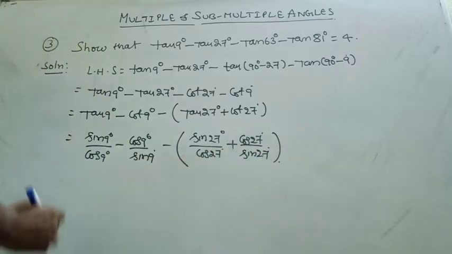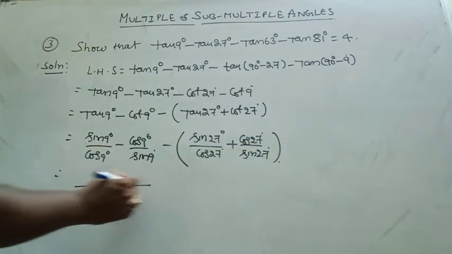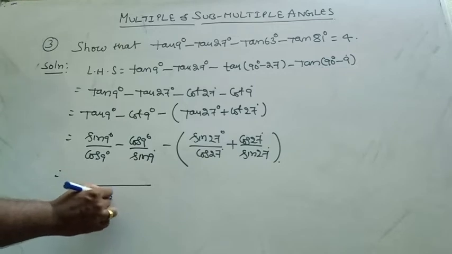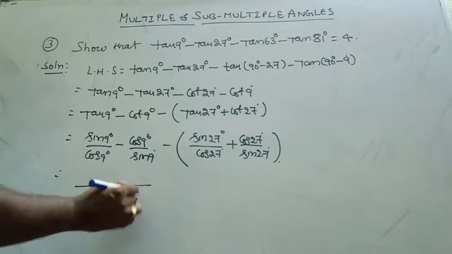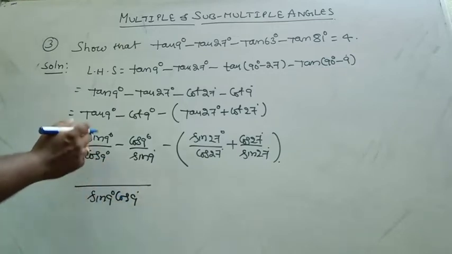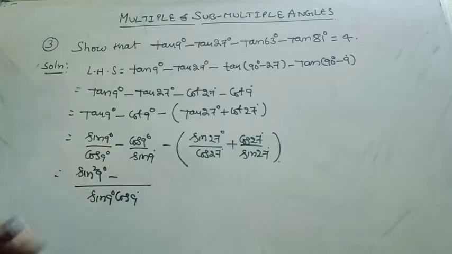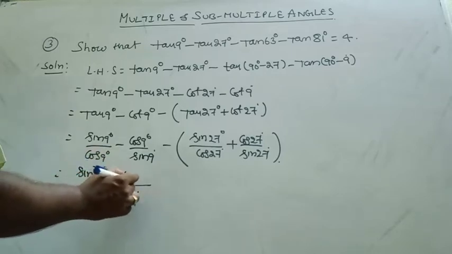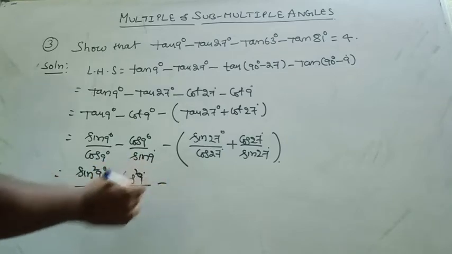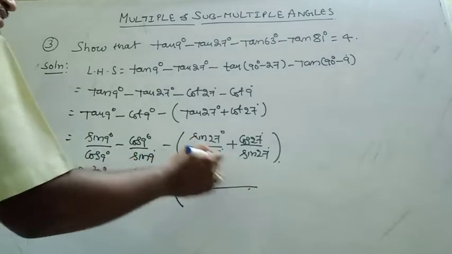See, my dear students, now let us take the LCM part here. This is what we are having here, sin 9 degrees into cos 9 degrees. Here cos 9 is there, sin 9 not there, therefore this is sin square 9 degrees minus cos square 9 degrees, like this, minus, and here also you take the LCM.